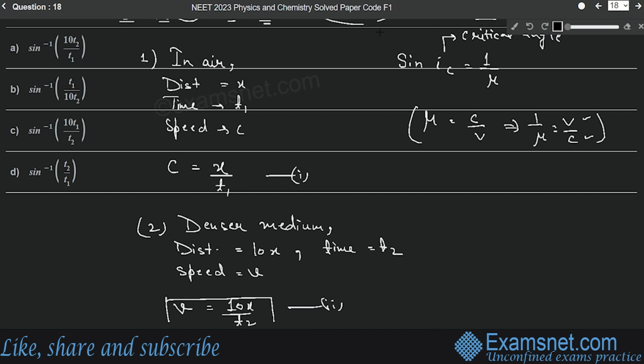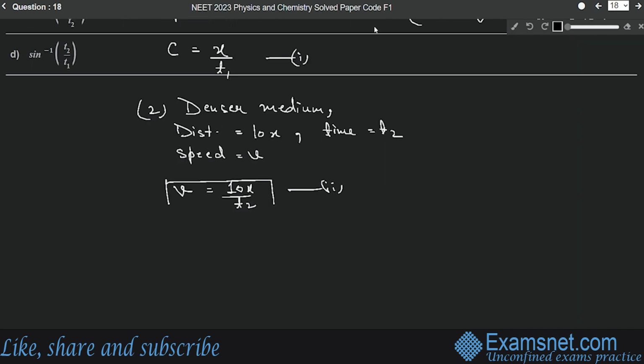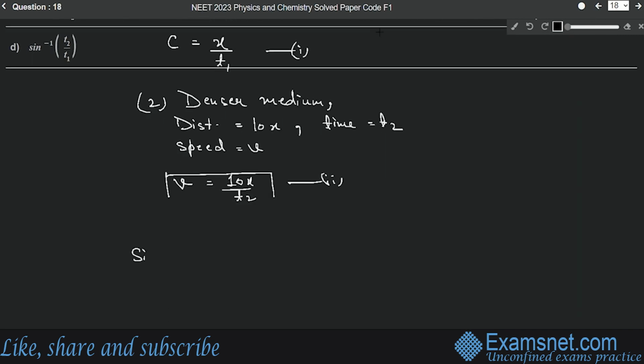Now from here, we have to find out the critical angle. So we know that sin IC equals to 1 by mu. We'll use this formula. Sin IC equals to 1 by mu, that is equal to V by C. Okay, so sin IC will be equal to V by C. V is equal to 10x by T2 and C is x by T1.